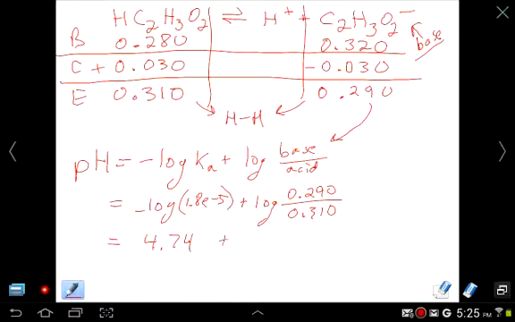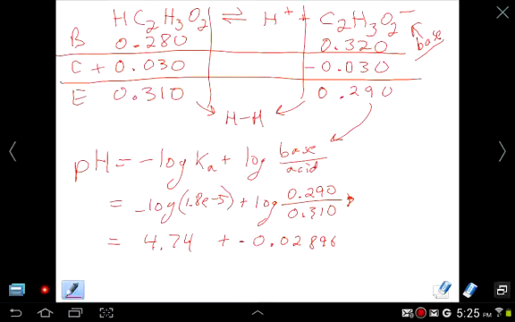plus that ratio logged. And this should be negative 0.02896, and it is negative because this ratio is less than 1. Anytime the ratio is a small number, the logs are negative, because the power of a tiny number is negative.